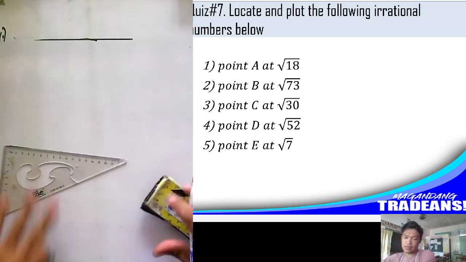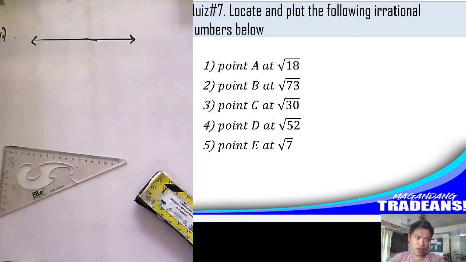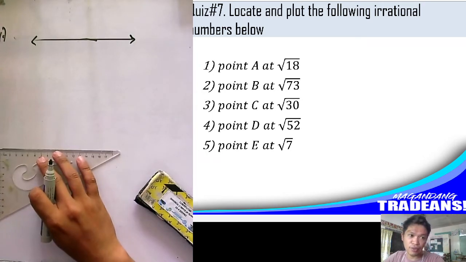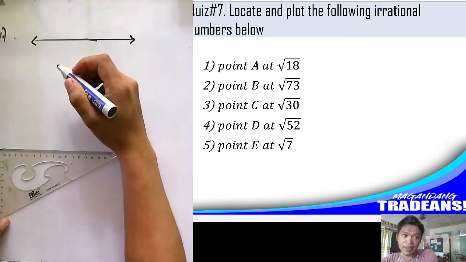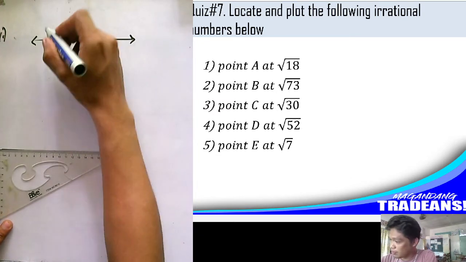Okay, so that is our number line. Square root of 18 is similar to 3 square root of 2 or 4.24 kapag isolve natin siya or kapag i-calculator natin siya. So, therefore, ang point A natin is 4.24.